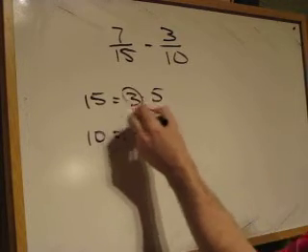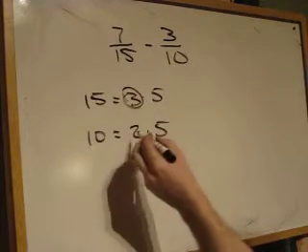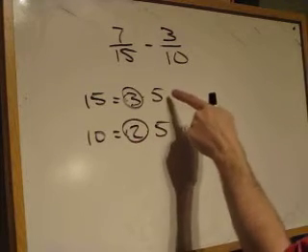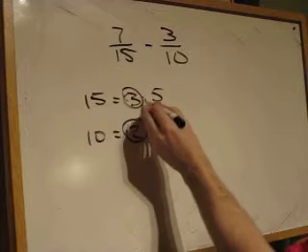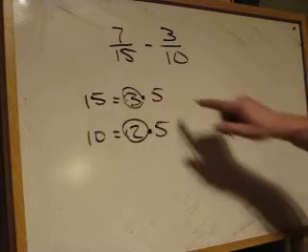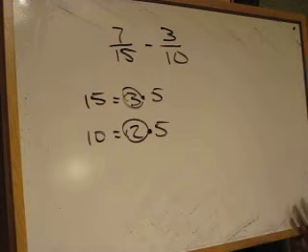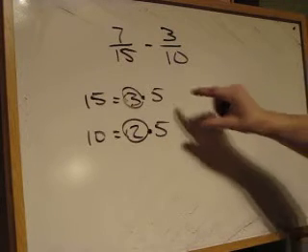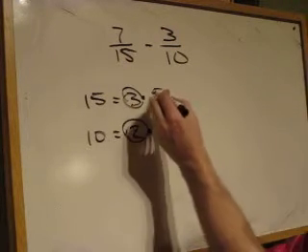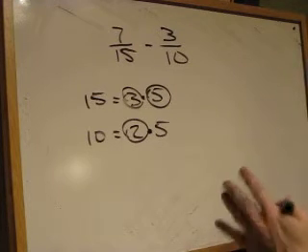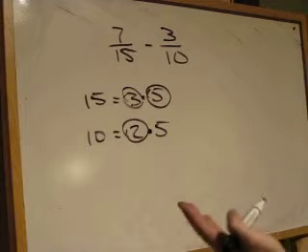The 3 occurs the most because it doesn't show up down here. 2 occurs down here, but not up here. But the question a lot of students ask me is about this 5. The 5 occurs once here and once here. So neither one of them occurs the most often. So when they occur the same number of times, you just grab one of them. Okay? Don't grab both of them. Just grab one of them and pretend it occurred the most times.